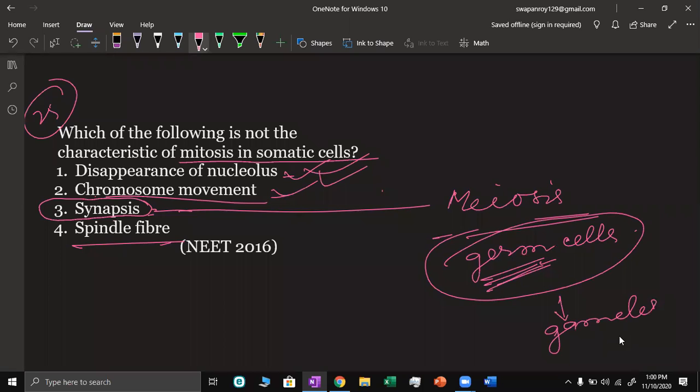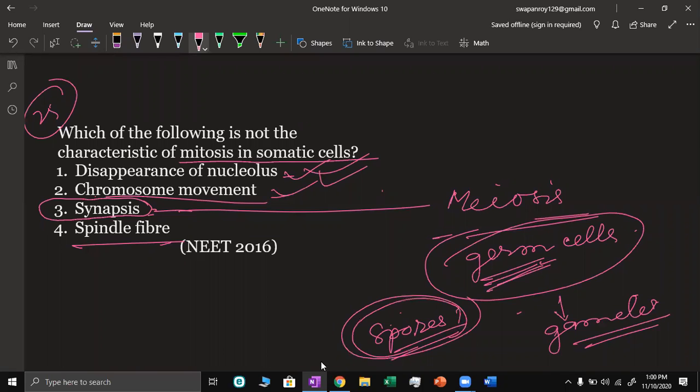Of course, in case of plants, there is initially production of spores. Spores are haploid. During the production of spores, that is microspore, pollen grain, this meiosis takes place. This is the NEET 2016 question.